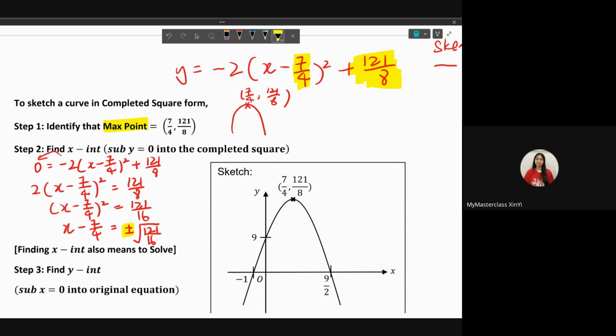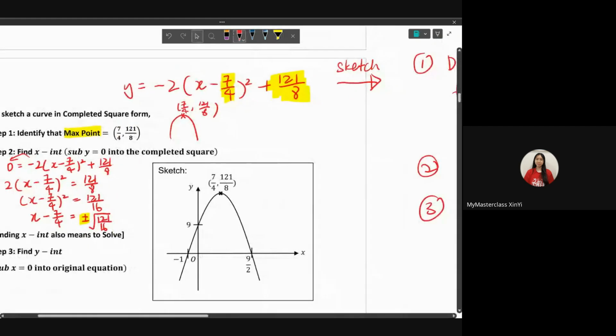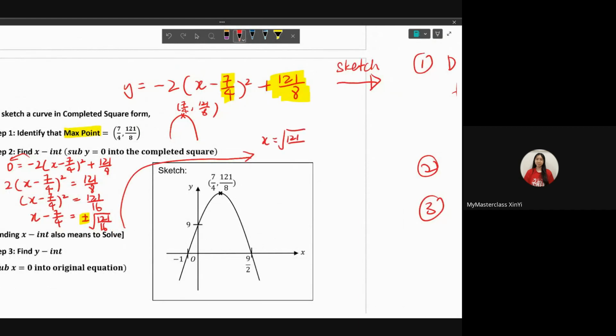So x equals the positive square root of 121/16 plus 7/4, or it could take the form of the negative square root. If you key into your calculator, you get x = 9/2 or −1. These two are your values.